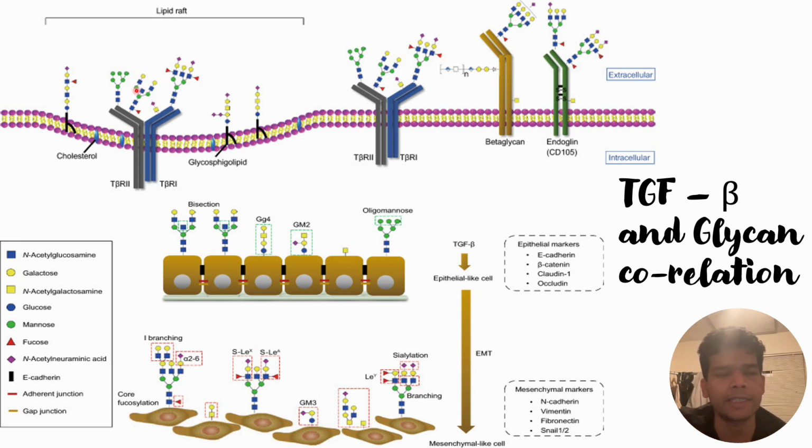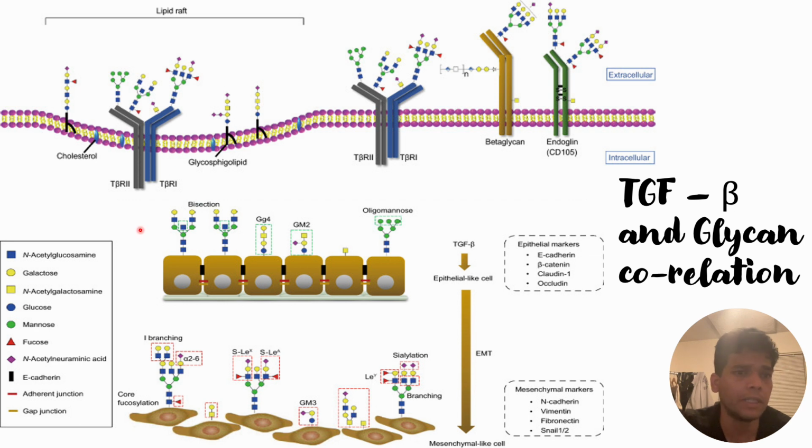These glycans will act as signals for TGF beta 2, TGF beta 1 and other co-receptors, and help them to be expressed on the cell surface membrane, not on the other organelles within the cells. So this is one of the important roles of the glycans present on the TGF beta receptor.